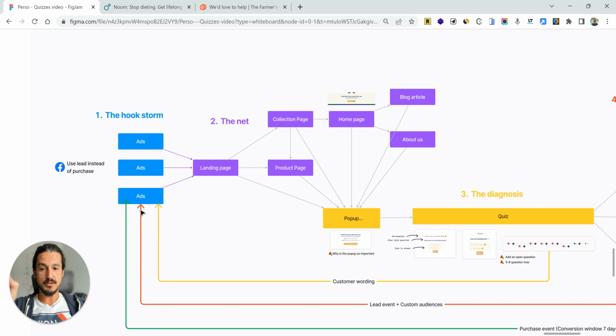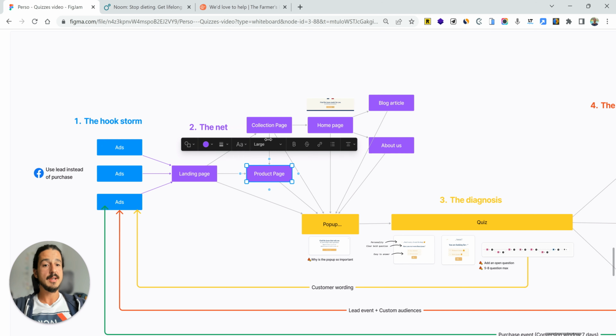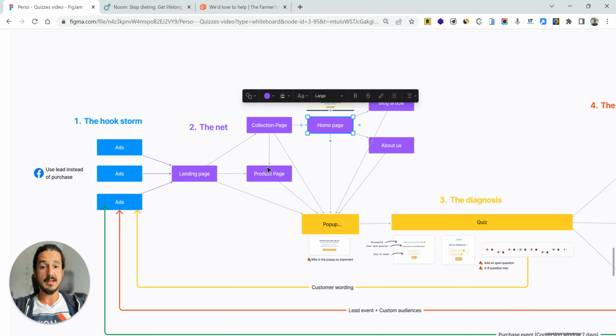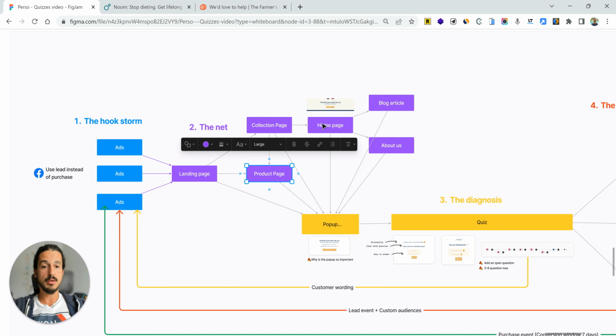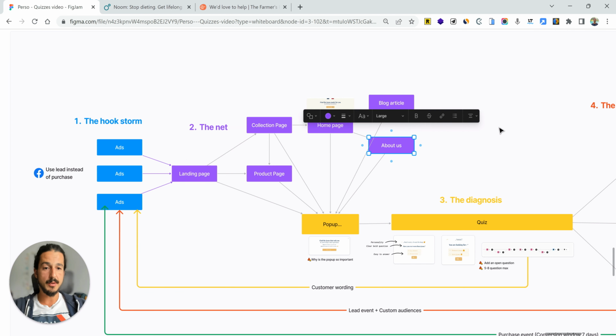In the ad, it is definitely possible to say, find out what's the best yoga mat for your yoga practice, for example. But in this specific case, it was more an ad about a product. Then comes the landing page. And from there, the customer can navigate the whole website, can go through the product page, collection page, go back to the home page, read a blog article, read the About Us page, whatever.